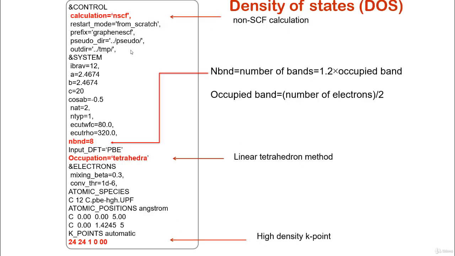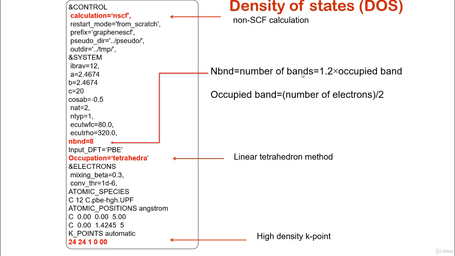This is the input file for non-self-consistent field calculation. It is similar to self-consistent field calculation with some changes. For example, the calculation is changed to NSCF, that means non-self-consistent field calculation. NBND, that represents the number of bands, is set to 8.